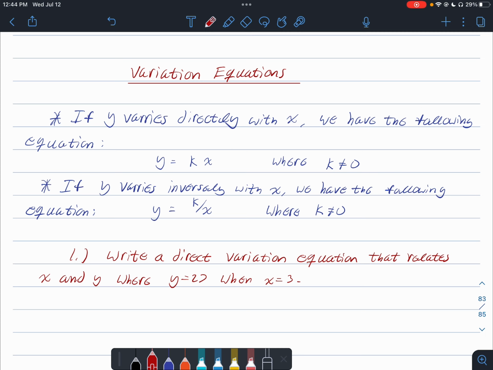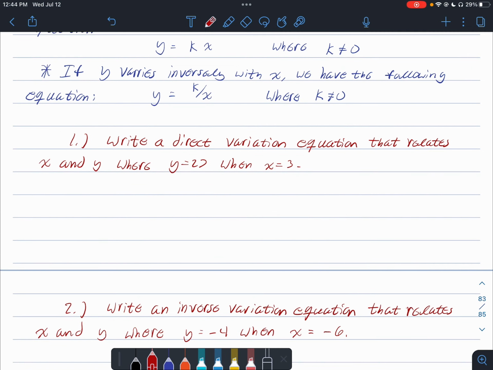Okay, so let's look at how we might write a direct variation and an inverse variation equation when we're given a little bit of information. So here it says we want to write a direct variation equation that relates x and y when y equals 27 and x equals 3. If we remember, our direct variation equation is y equals kx. And if we want to find k, we can plug in our x and y values.